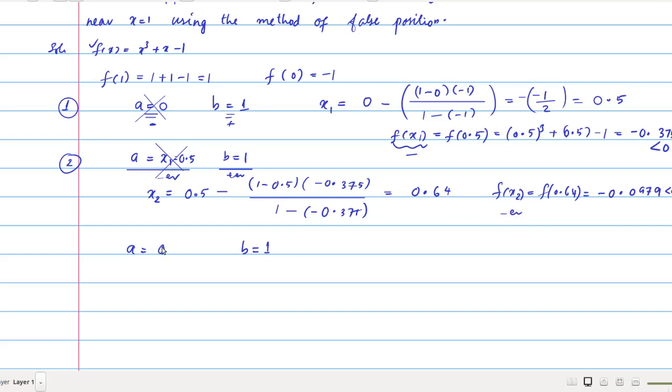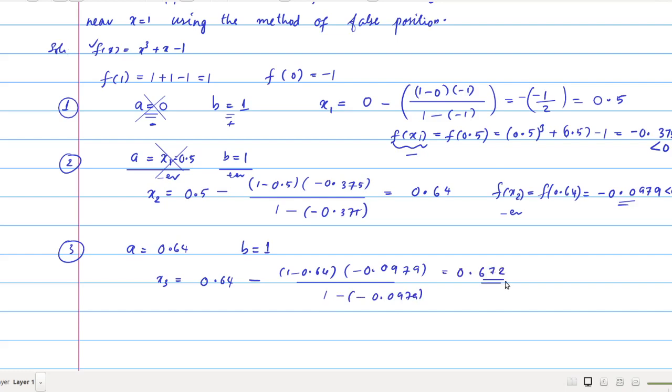What is x2? 0.64. In the third iteration, this is our a and b. So using this a and b we evaluate x3. The same argument: 0.64 minus 1 minus 0.64 into f of 0.64, that is obtained here, minus 0.0979 divided by 1 minus of minus 0.0979. Now evaluate this, you can get 0.672.